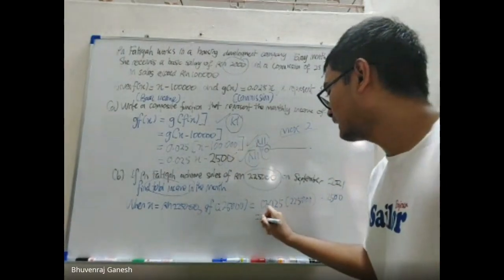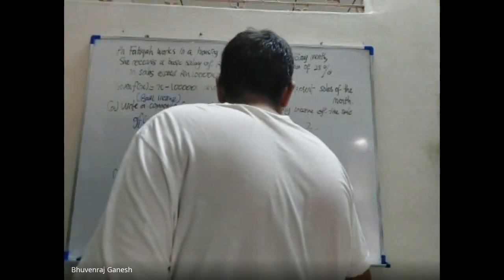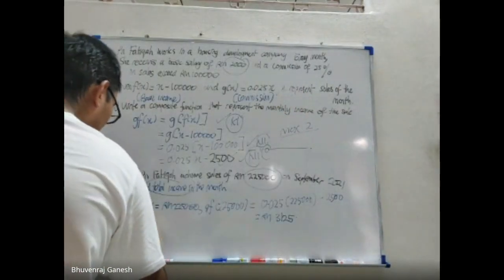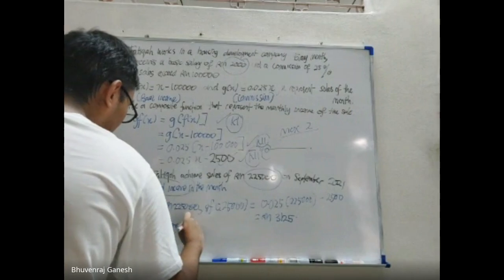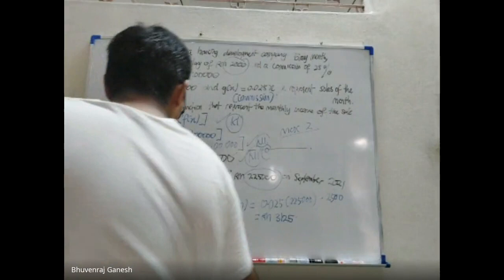So you should get RM3125. So then you can conclude total income is equal to the basic salary plus your commission.